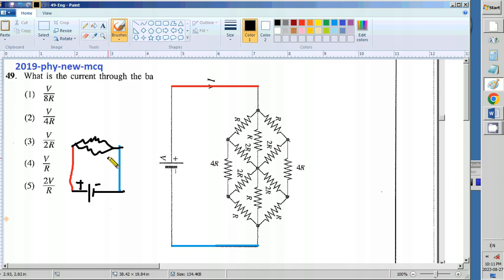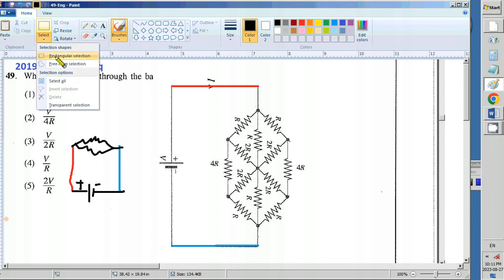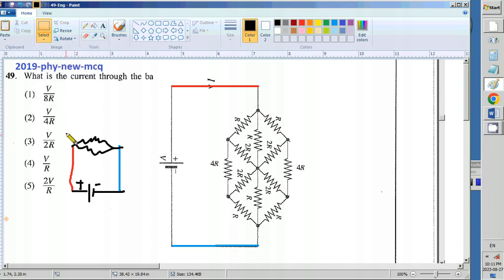We can do it without rotating, but if you have the concept of potential strongly in your mind, then no problem. But for everybody to understand, I turn this diagram so that the higher potential is above the lower potential line.